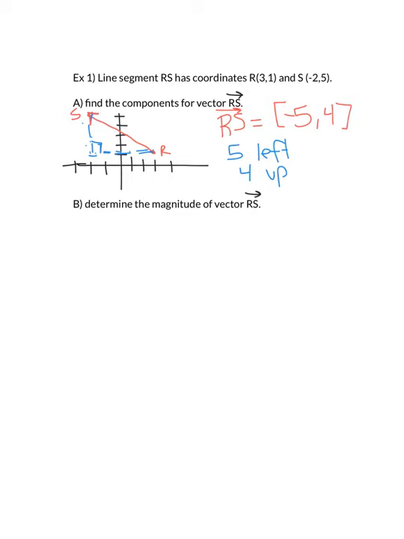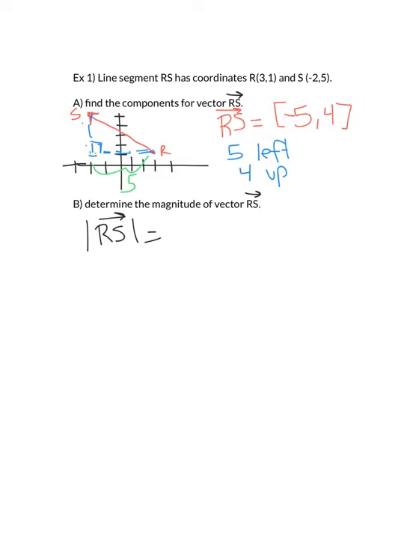For part B, it says determine the magnitude of vector RS. So now we're seeing magnitude. Remember, we have to include these bars here. So the magnitude of RS is equal to, since this is a right triangle, I am able to use the Pythagorean theorem.